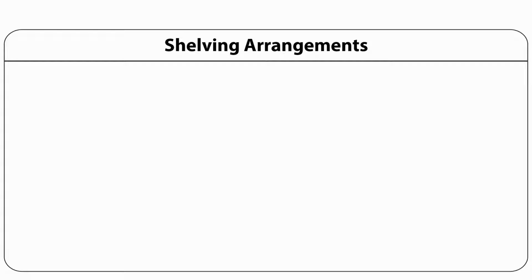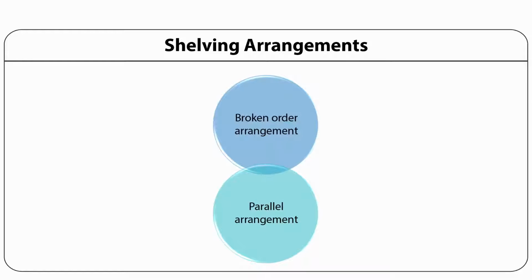Shelving arrangements. Library arranges books according to the classification scheme in use in the library. This helps the books on the same subject to be placed together. There are two types of arrangement for the convenience of the user, that is broken order arrangement and parallel arrangement.